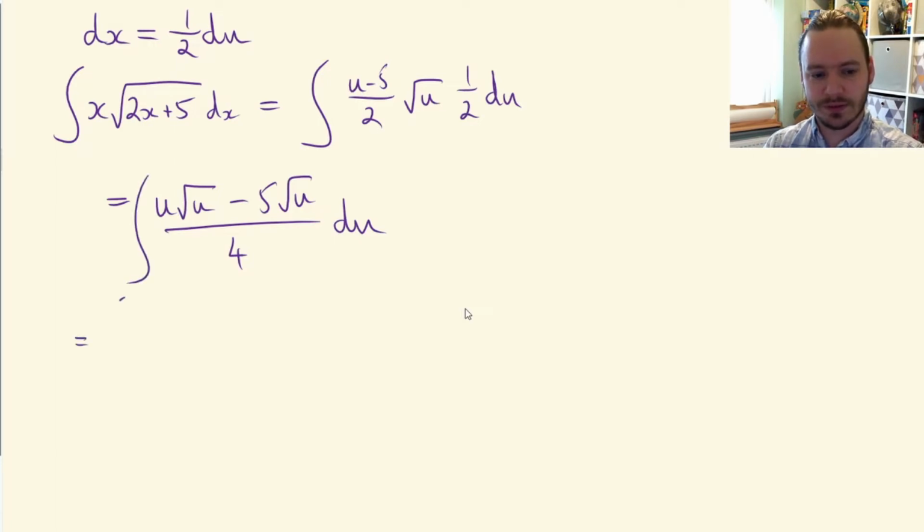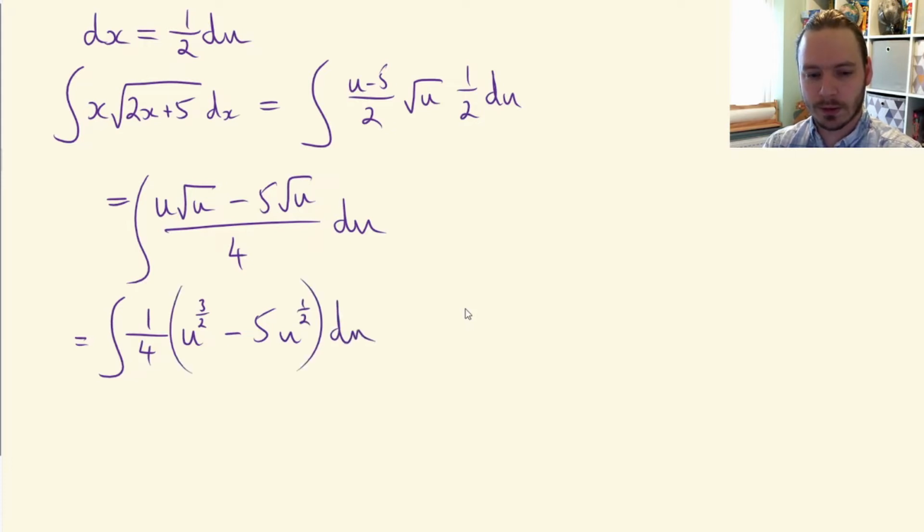So this is the integral of 1/4 of u to the power of 3 over 2 minus 5u to the half du. And the quarter we can just pull outside of our integral entirely. It doesn't make a lot of difference at this point in time.